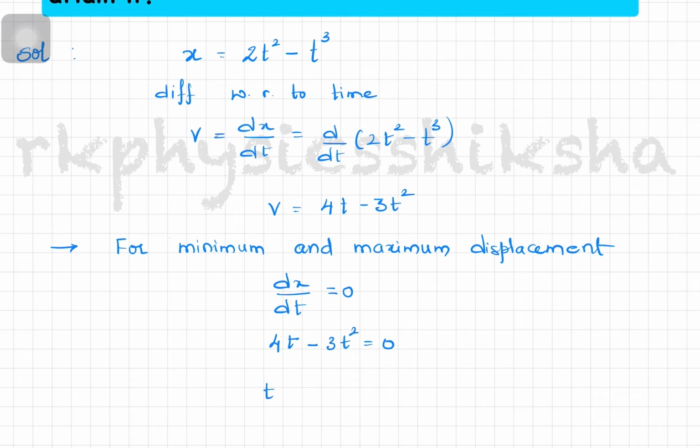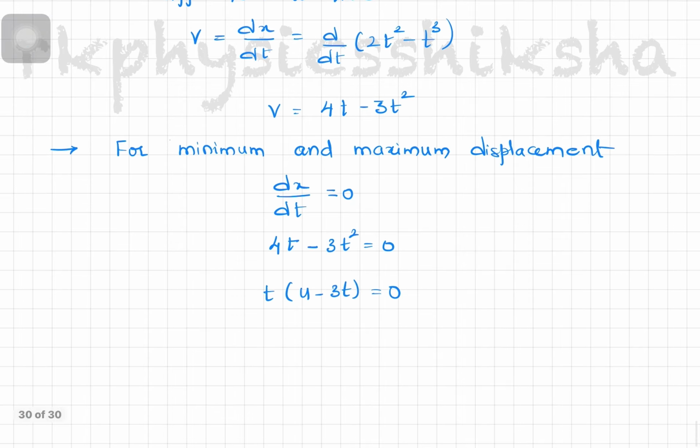That is t into (4 minus 3t) equals 0, from which we can say t is equal to 0, and 4 minus 3t equals 0, from which we get t equals 4 by 3 seconds.